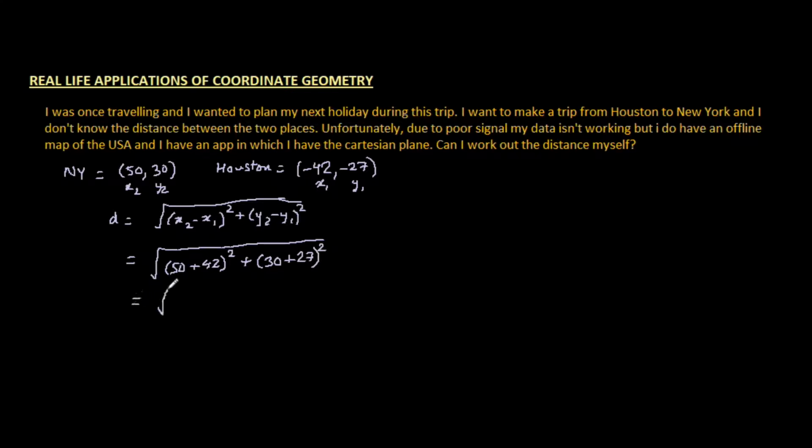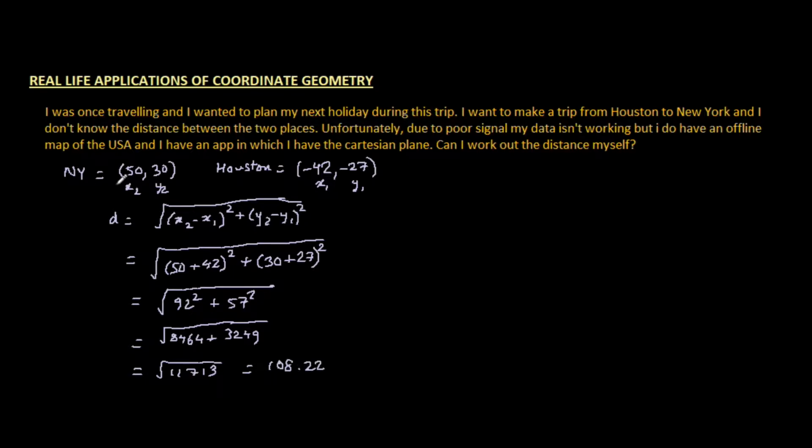That gives me the square root of 92 square plus 57 square. So 92 square works out to 8464 and 57 square works out to 3249, which is the square root of 11,713, which equals 108.22.